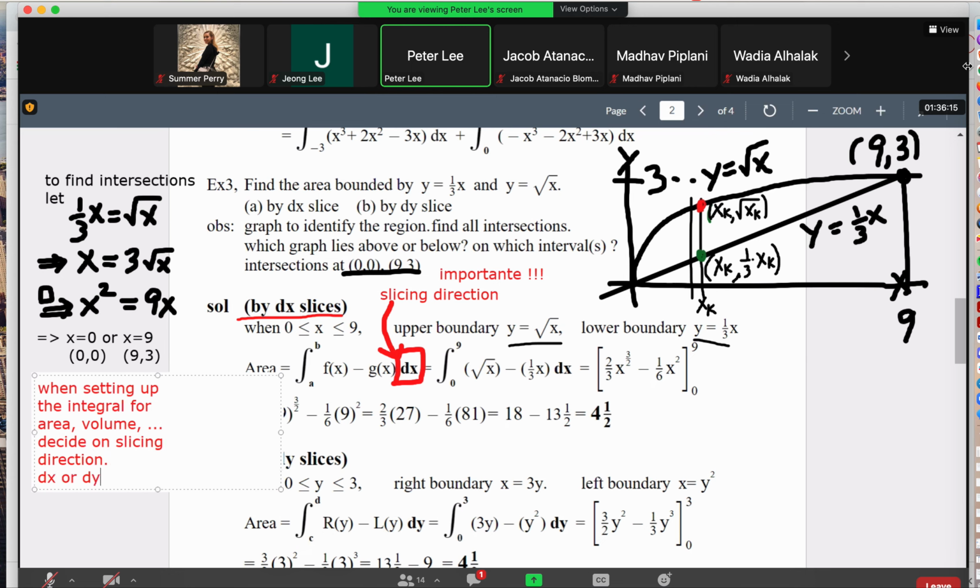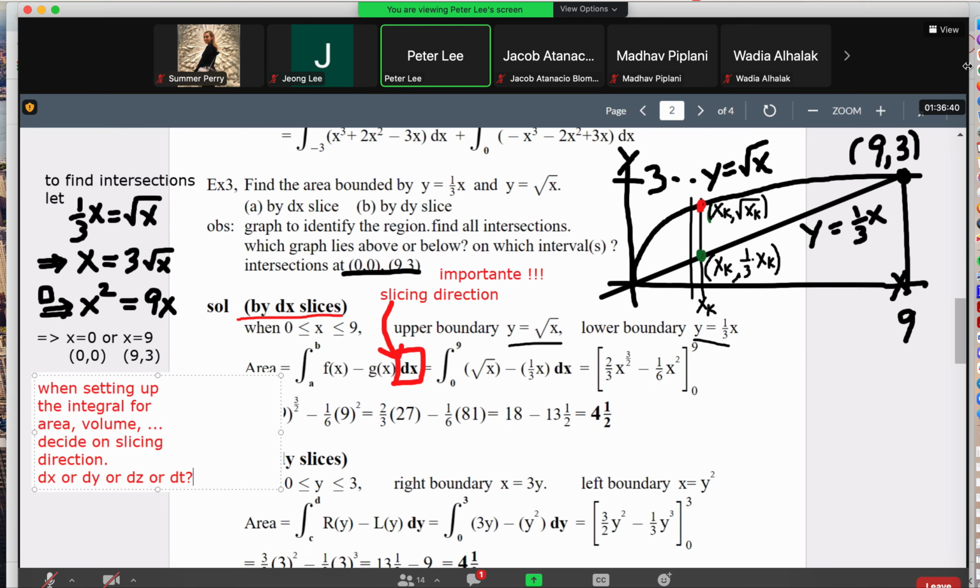Or later on, for those students who will be taking Calc 3, is it dz? In three dimensions there's also dz. Or something else. Those of you taking physics, is it d of something? A dt? Are you adding up over time, slicing over time? Let's say when you get work, how much work are you doing?